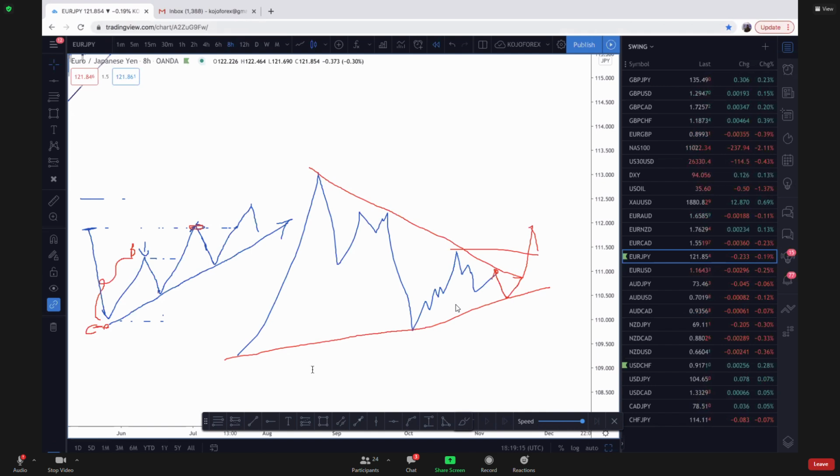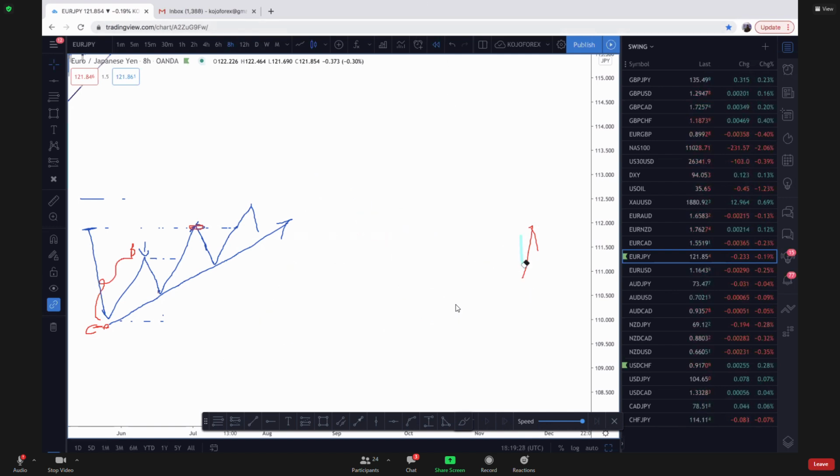So I always use that support trend line, catching the market from the downside, and then that resistance trend line, also looking at the market from the upside. So if you see two lines on my chart, one from the top and one from the bottom, that is what it means. Now let's typically talk about the market structure as a whole.